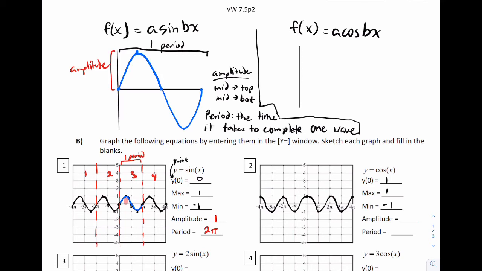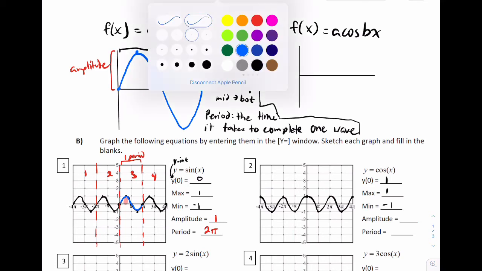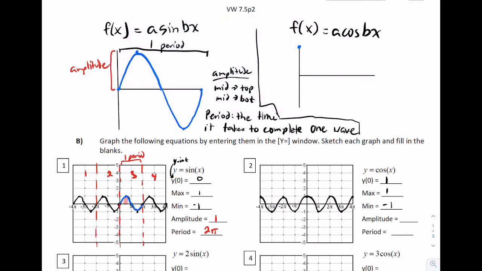Again, draw your sideways T. A typical cosine wave is very similar to a sine wave, except what I said earlier: it starts at the top and it ends at the top. So it looks something like this. That's going to be a typical cosine wave.